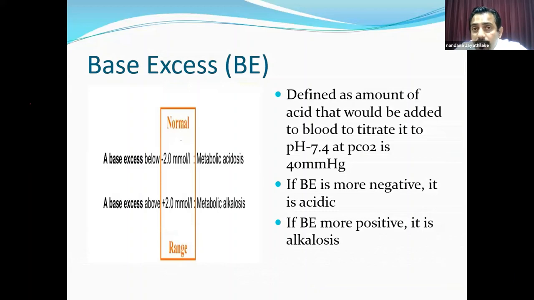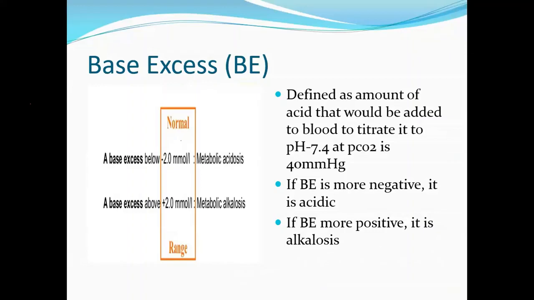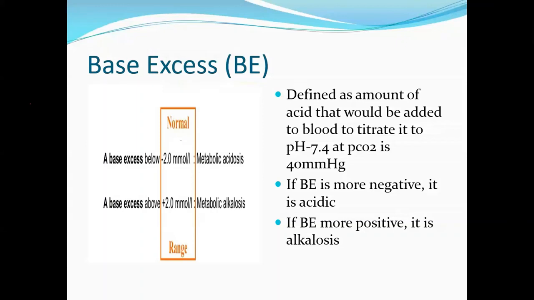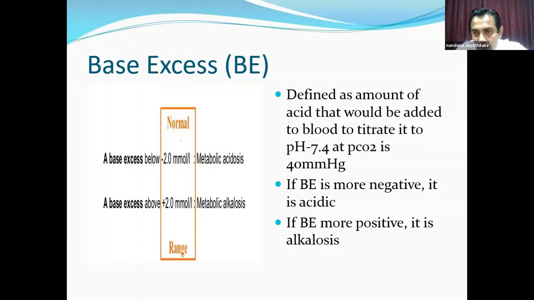If it is more minus, like -5, -8, or -10, that is more acidic. If a base excess is more positive, say +3, +4, it is metabolic alkalosis. So if the base excess is minus, it is more metabolic acidosis.